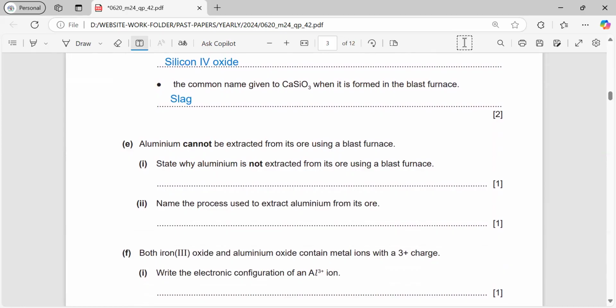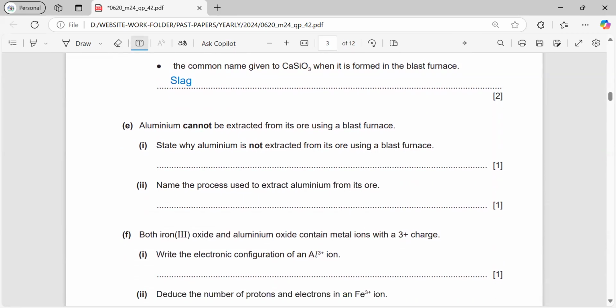Aluminium cannot be extracted from its ore using a blast furnace. State why. See, in the reactivity series, aluminium is present above carbon. In the blast furnace, we are using carbon to reduce iron oxide and get iron.